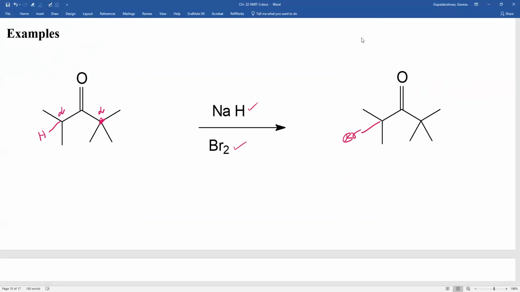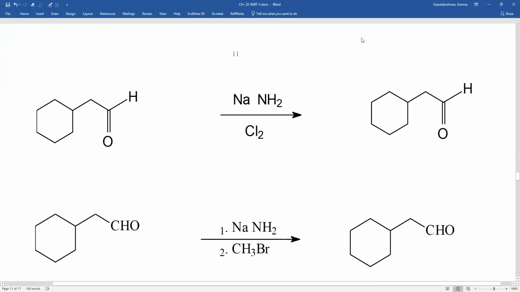There are no more alpha hydrogens to replace. In the second one, this is an alpha carbon which has two hydrogens. You're reacting with a strong base and halogen. All the alpha hydrogens will be replaced by the halogen.